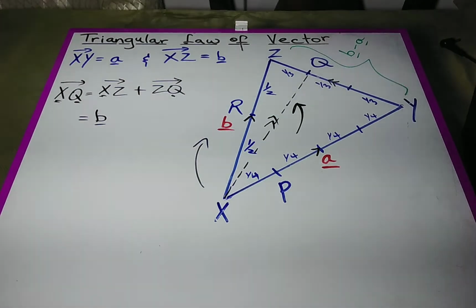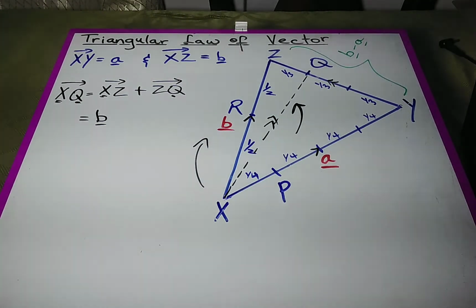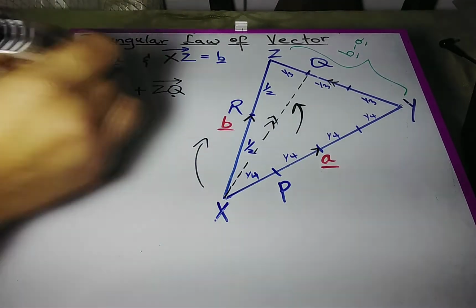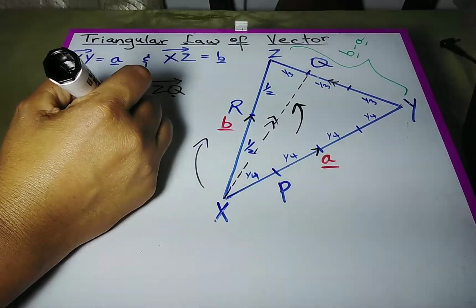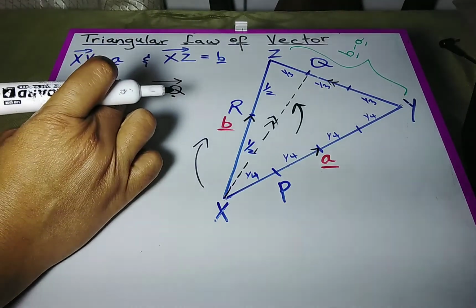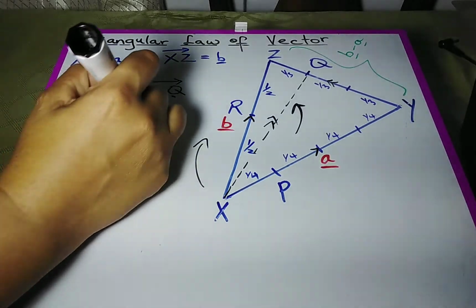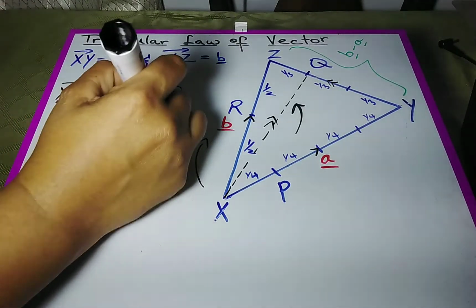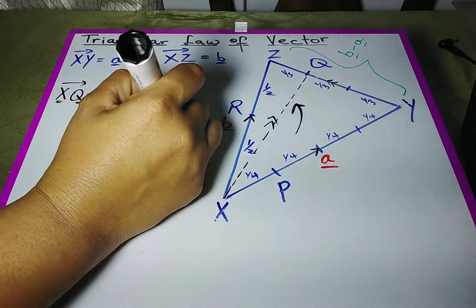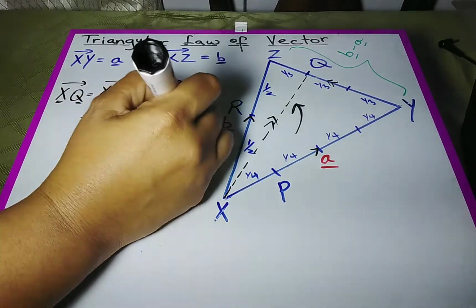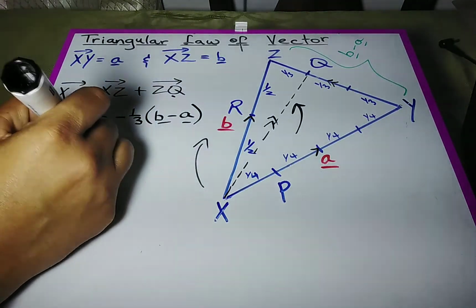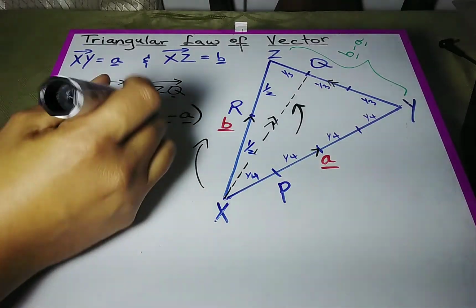Now, what is ZQ? We know that QZ is 1/3 B minus A, but it has changed direction, so it's ZQ. So instead of putting plus 1/3, we're going to put minus 1/3 B minus A. And then we expand the bracket. So write down the B first.